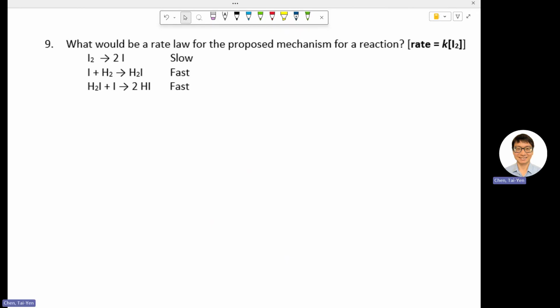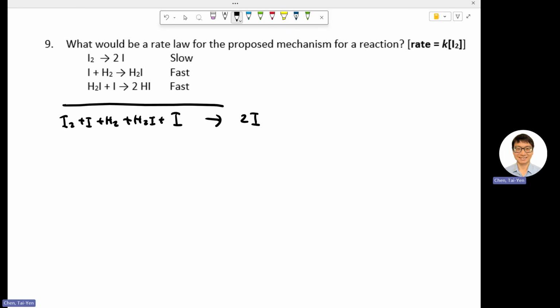You add everything up. If you add up all the steps, on the left you have I2 plus I plus H2 plus H2I plus I. On the right, you have 2I plus H2I plus 2HI.